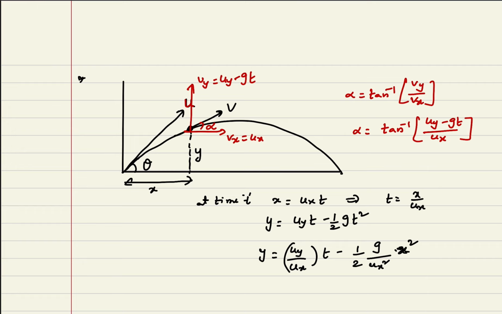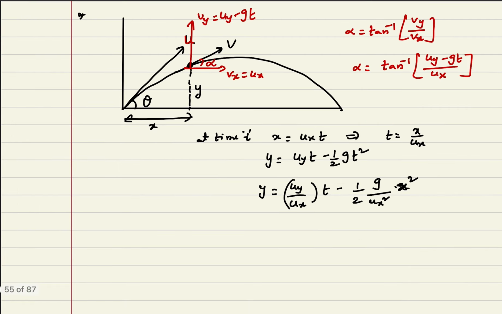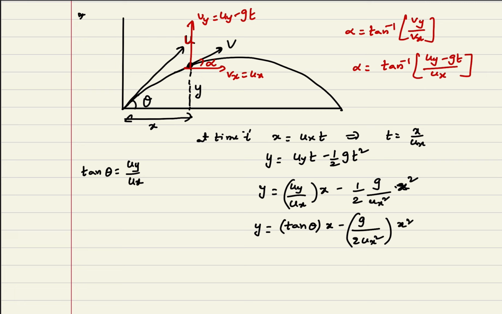From these details, tan theta is equal to uy divided by ux. So y is equal to tan theta into x minus g divided by 2 ux square into x square.